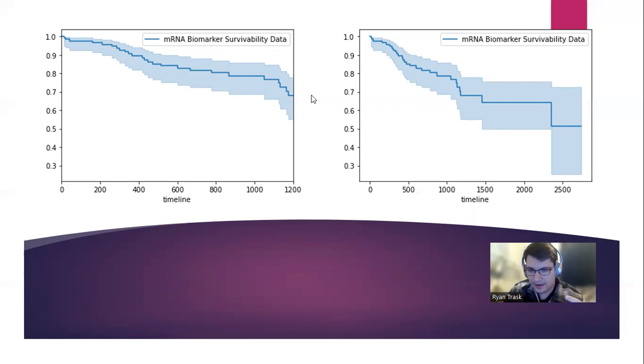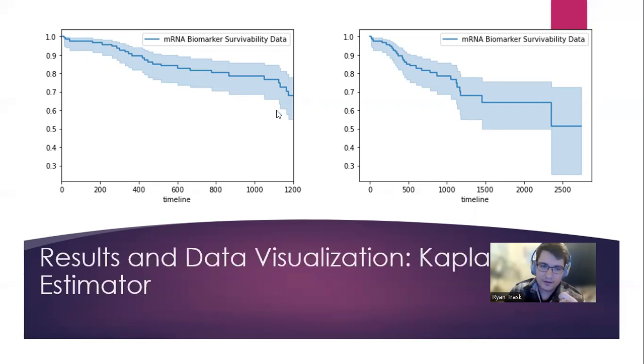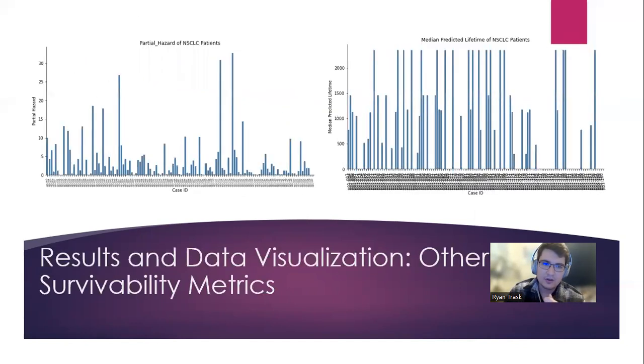But the Kaplan-Meier curve is not the only thing good for survivability, and survivability is on the left, like before. I also was able to predict the median lifetimes of patients. I mean, predict as in guess with feasibility. And you can see the same time axis for all patients varies.